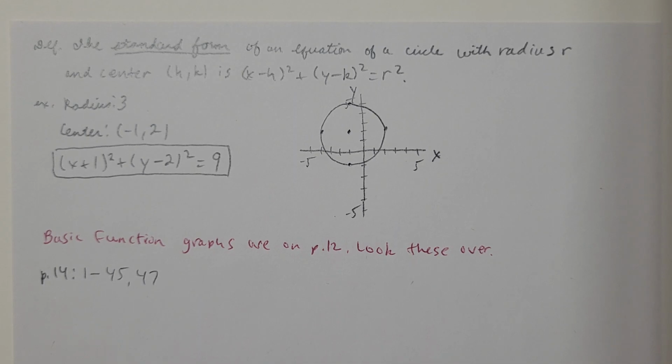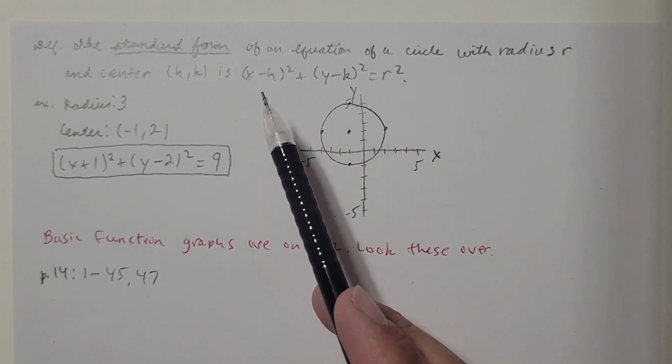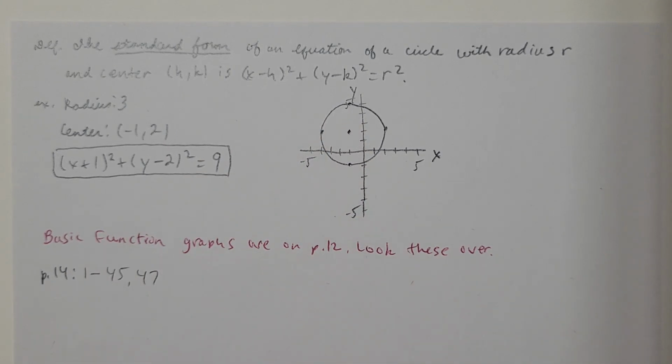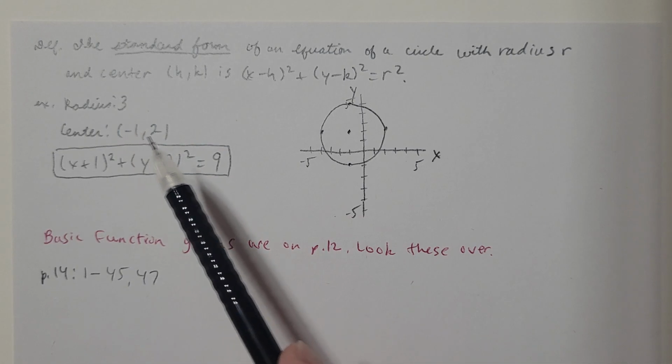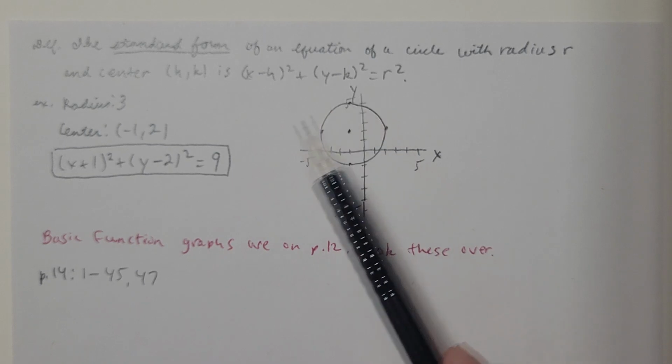So in standard form, I have to write the equation (x - h)^2 + (y - k)^2 = r^2. All I have to do is identify what is r, what is h, and what is k, and then plug in those numbers in this form.